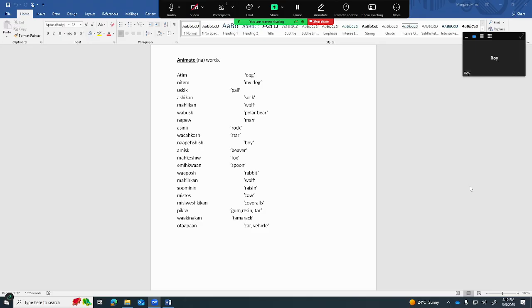Mexican, wolf. Suminous, raisin. Mistos, cow.